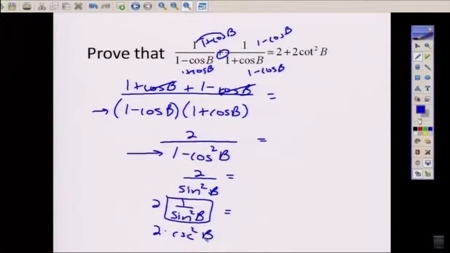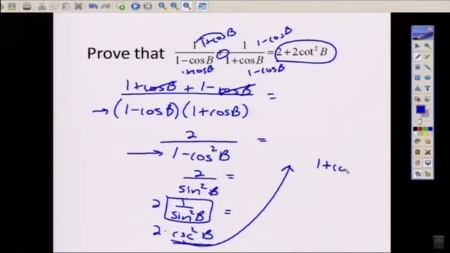So we're almost there, and we're almost out of room here also, so I'm just going to swing this up here for a minute. If you look at what we're trying to get, 2 plus 2 cotangent squared b. If you think back to your Pythagorean identities, we had a Pythagorean identity with the word cosecant squared in it. And that identity was 1 plus cotangent squared.